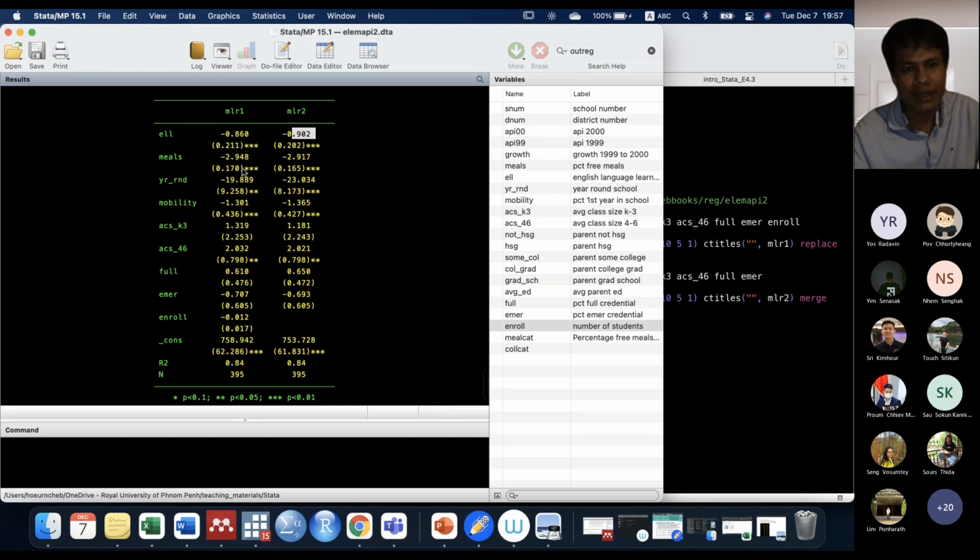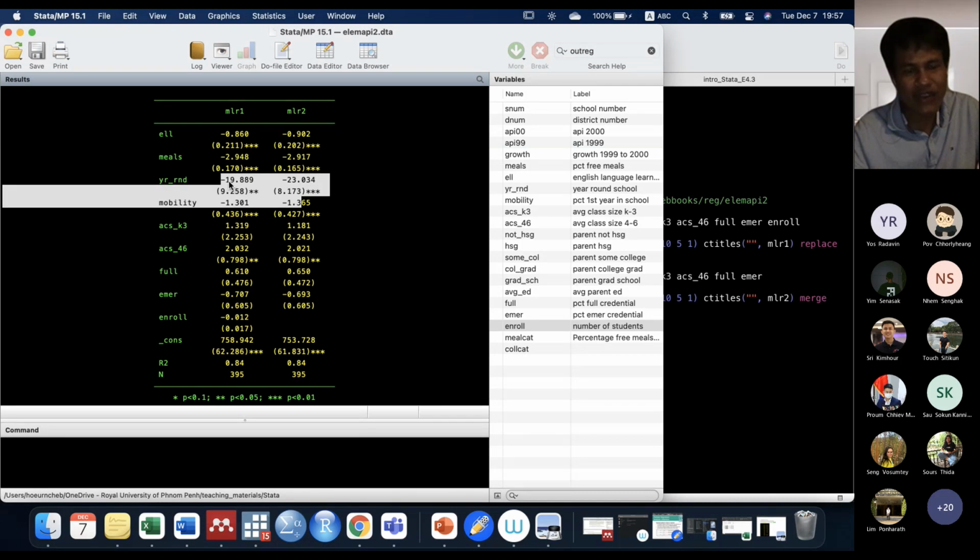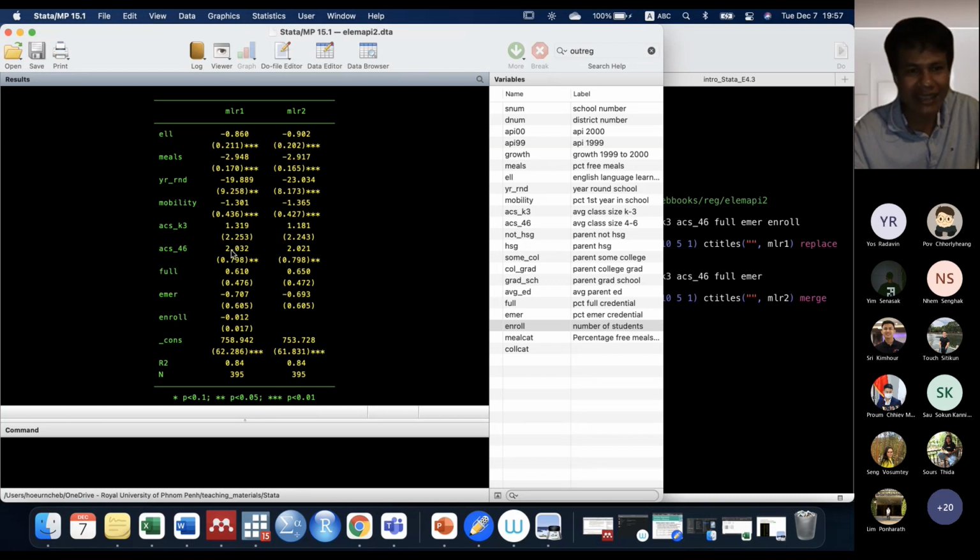See? And for meal, it is not that sensitive. Year-round is increased from 19 to 23. For mobility, it is from 1.30 to 1.60. You can compare it. But for ACS 46, it is still almost the same.